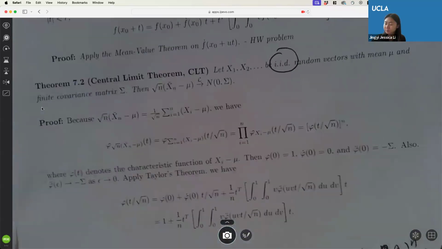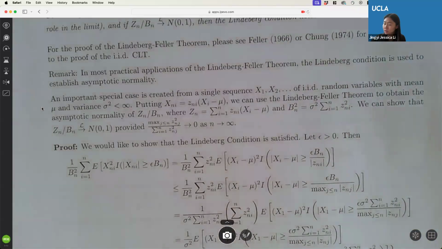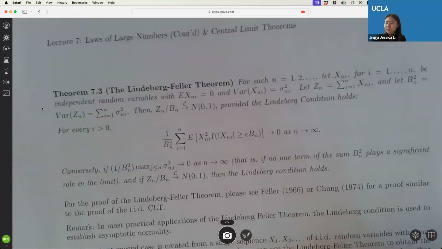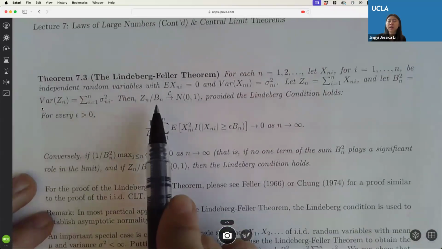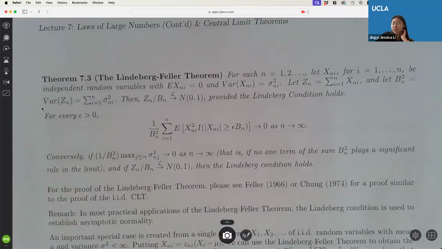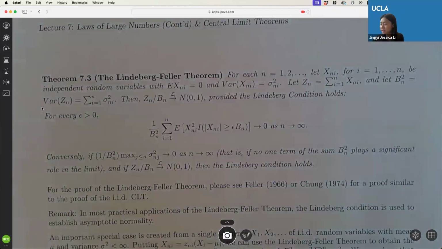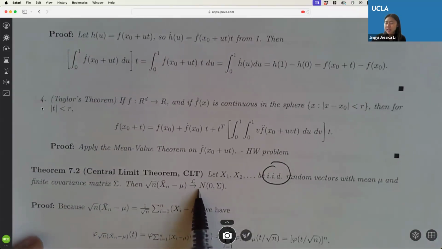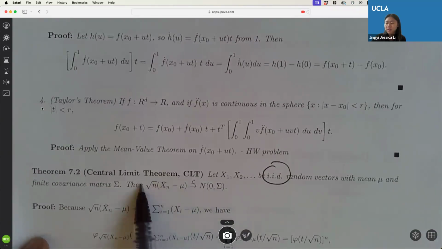This is the result we can get for that extension. This is the most important result, which has been very widely used in deriving the asymptotic distribution of many statistics. So going back to the central limit theorem, we basically say that this normal distribution here is the limiting distribution of this statistic.